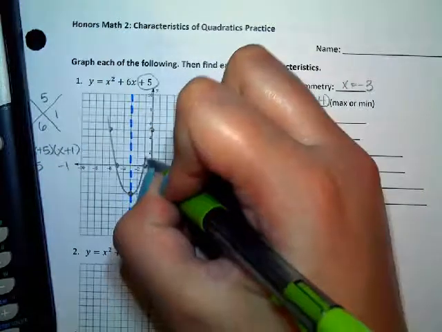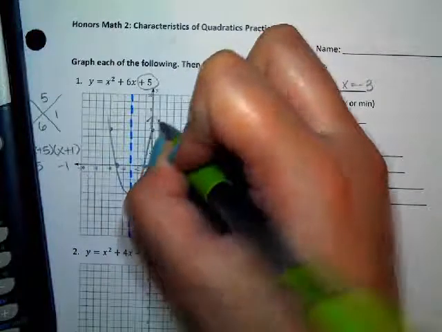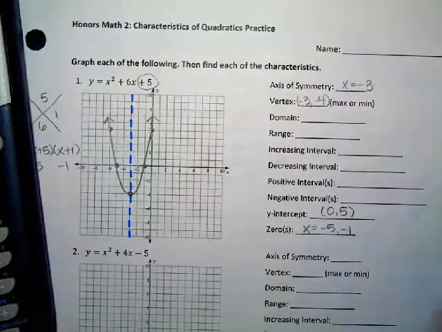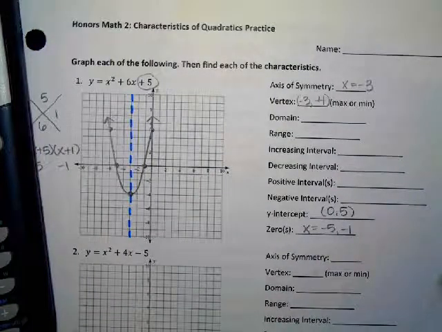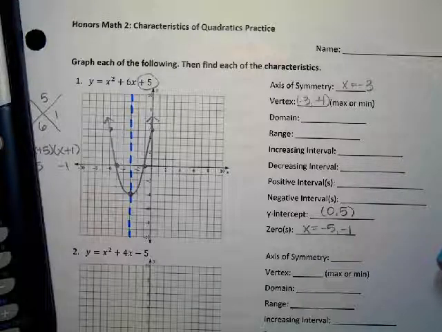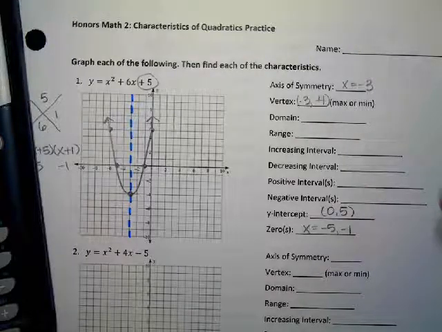Those are similar to what we've already done. So what's the domain? Okay. What's the range?